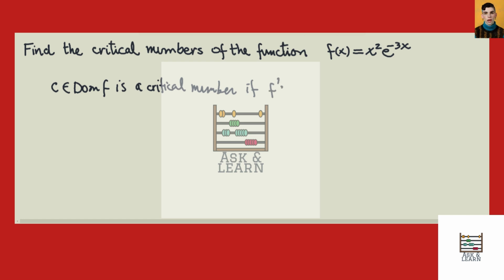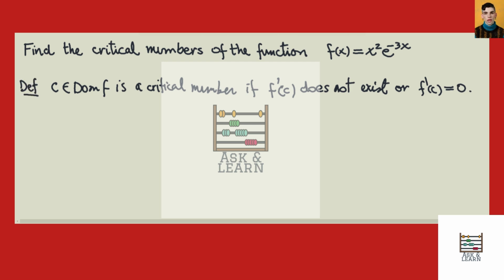The first derivative at that point does not exist, or it exists but is zero. So this is the definition of critical point of a function.